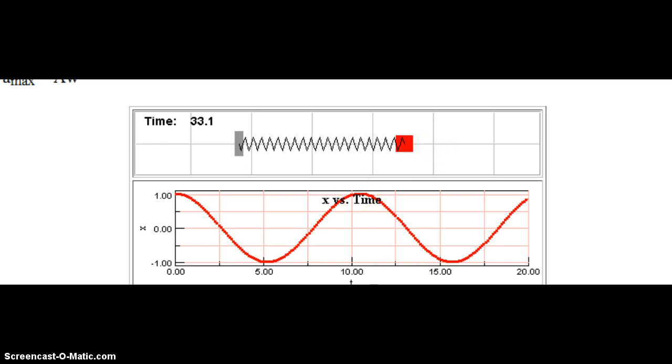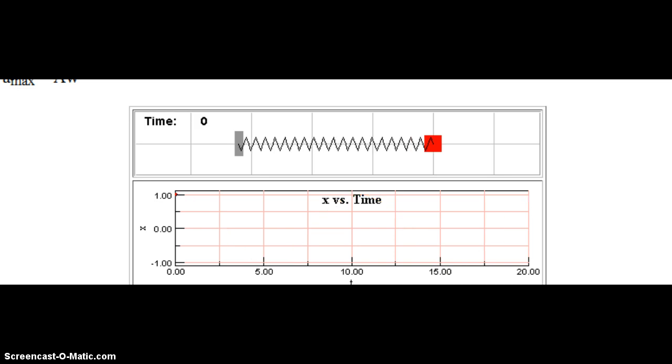To see this more clearly, let's reset, and I'm going to show you the motion step by step. We start from the right, and the object slowly moves towards the middle line. Now we are at the middle line, and you notice that the x value hits 0.